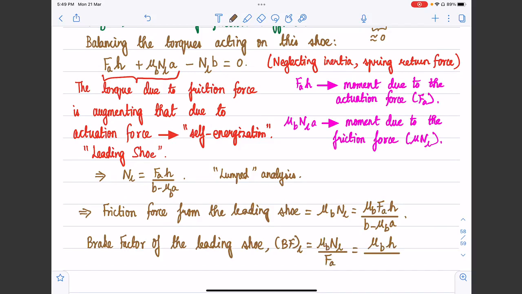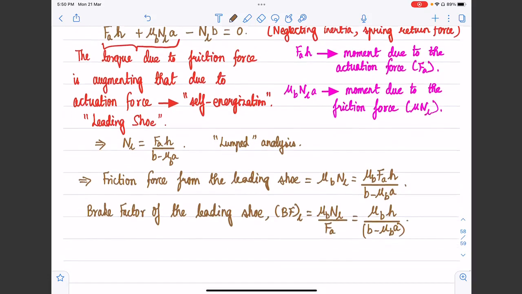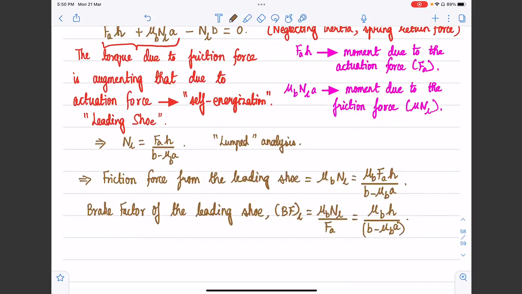So this is mu B H divided by B minus mu B A. That's the brake factor of this leading shoe. The brake factor is a metric that quantifies the performance of the leading shoe. In the denominator we have B minus mu A, and that's going to drive up this brake factor for the leading shoe.